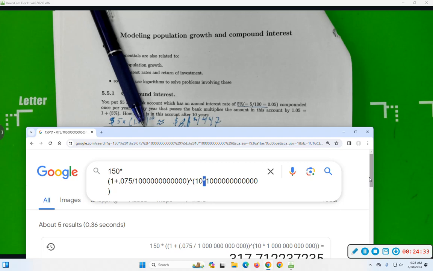So there's the P times (1 plus R divided by N). So far so good? Parentheses. And then what do I need in that exponent? I need N multiplied by T.